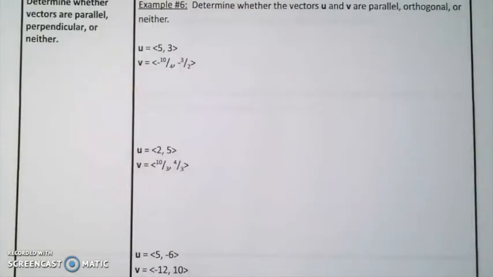All right, on the next page, looking at example 6, we want to determine whether the vectors u and v are parallel, orthogonal, or neither. Now remember, if they're parallel, then they'll be pointed in the same direction, which means that they can be scalar multiples of each other.